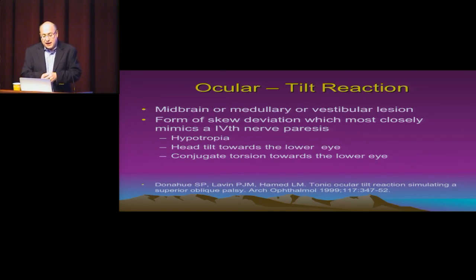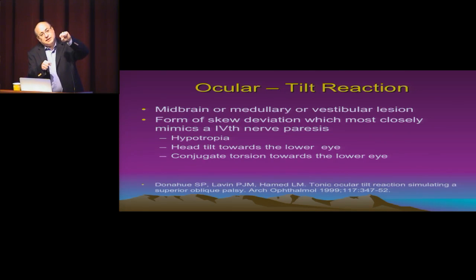And what it has is a hypotropia. One eye is low, and the head tilts towards the lower eye. So far it looks like a fourth on the other side. But both eyes are torted. They're rotated towards the lower eye. So with a fourth, let's say you have the left eye higher, the right eye lower.